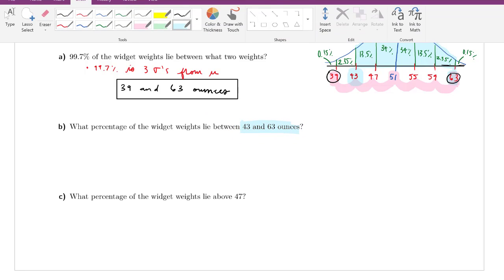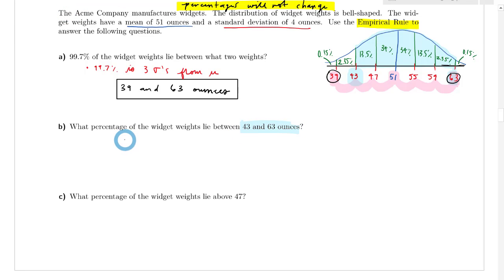Okay, so what percent is that? I'll just add them all up. So 13.5 plus 34 plus 34 plus 13.5 plus 2.35. So I would go ahead and add those all up and get 97.35%.